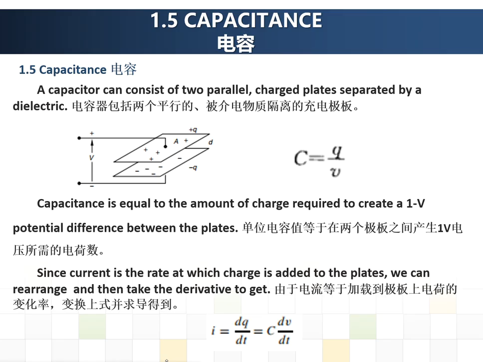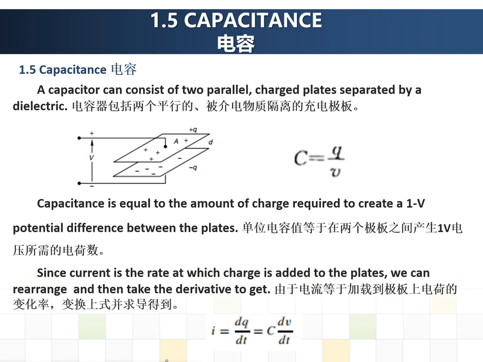Since the current is the rate at which the charge is added to the plates, we can rearrange and then take the derivative to get current I is equal to dq divided by dt, which is equal to C multiplied by dV divided by dt.